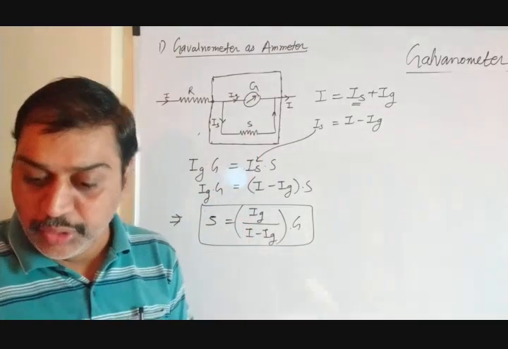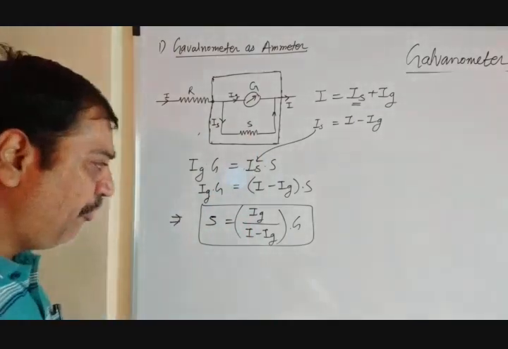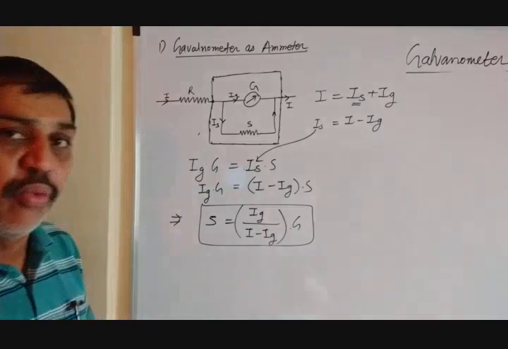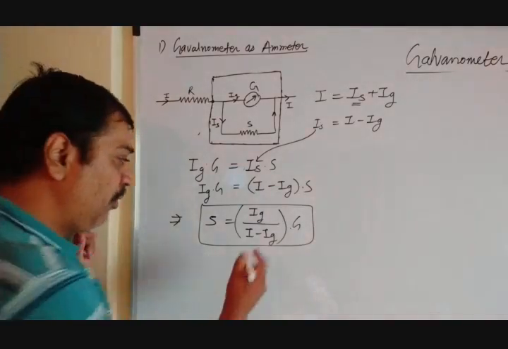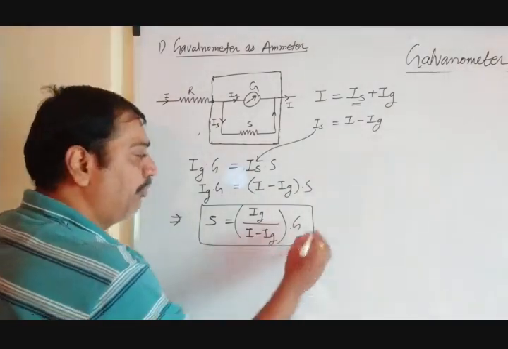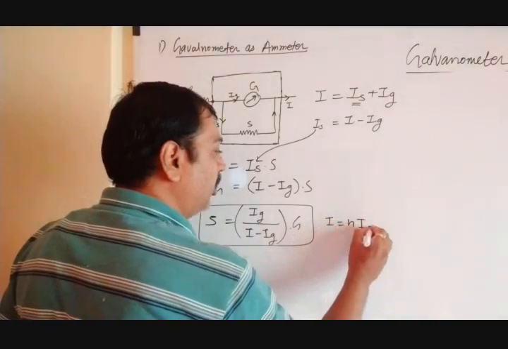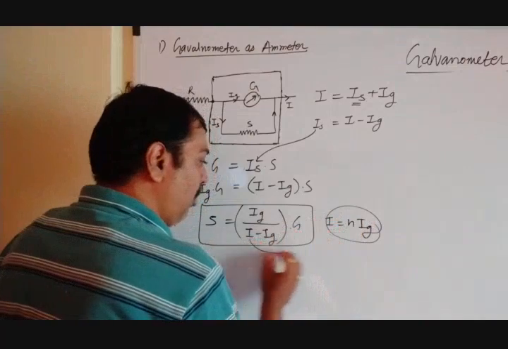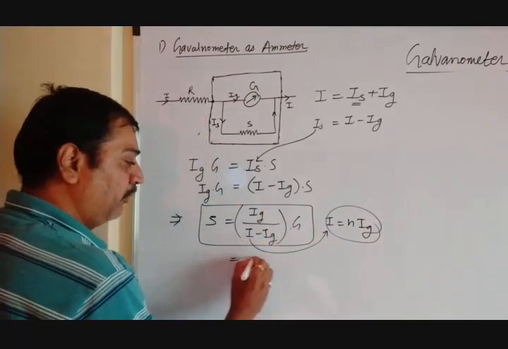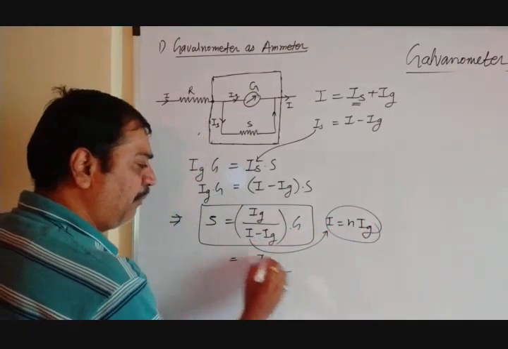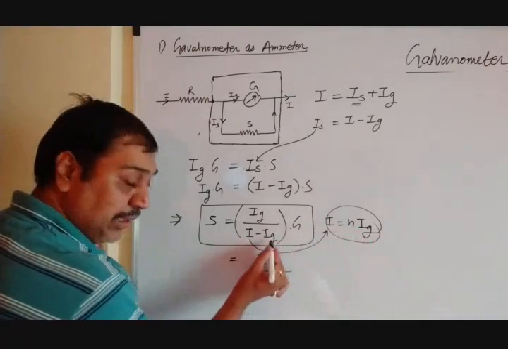Apart from this, if you want to increase the range of the instrument N times, we can use the same equation. If we put I equal to N times Ig in this denominator, what do we get? Ig at the numerator. In the denominator it is N into Ig, and again the Ig.